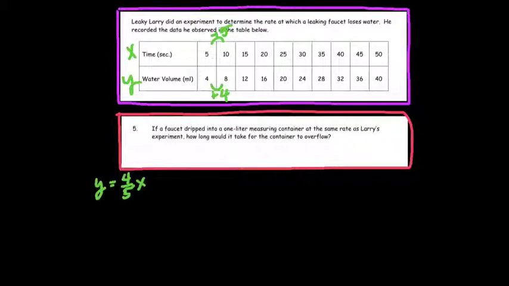What we're going to do here is find out how long it would take for a container to overflow if it was dripping into a 1 liter measuring container. First of all, for 1 liter, I need to know how many milliliters that is. Milli means 1,000, so in 1 liter, there are 1,000 milliliters.